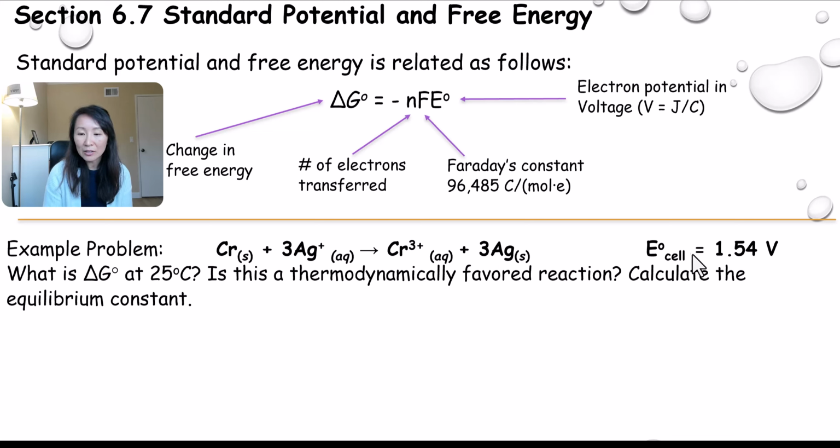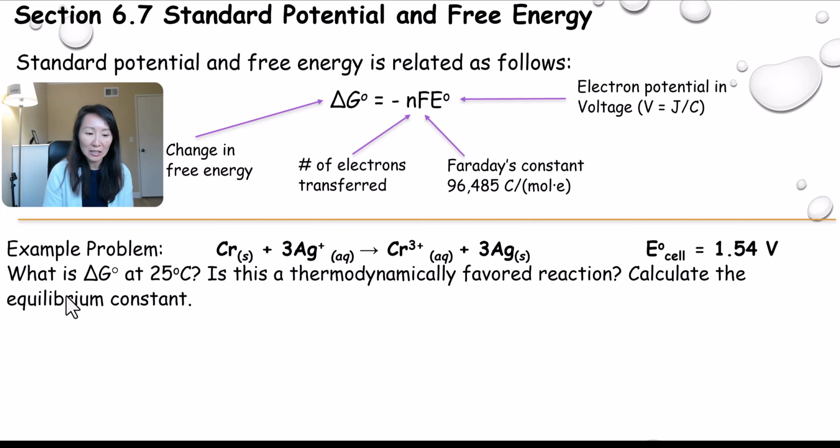It already gives the standard potential, which is 1.54. It asks: what is the delta G naught at 25 degrees Celsius, at standard state? Is this a thermodynamically favored reaction? And then calculate the equilibrium constant, K. Let's dive into one question at a time.